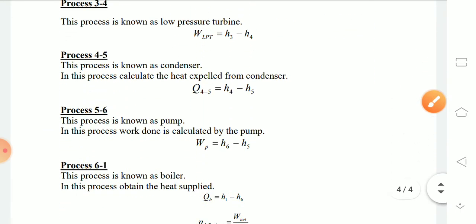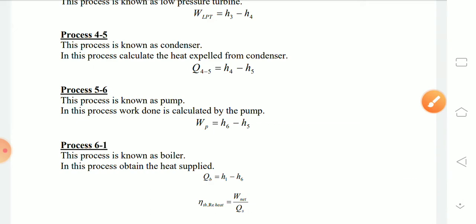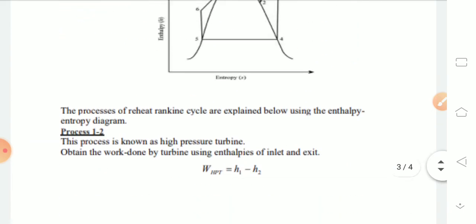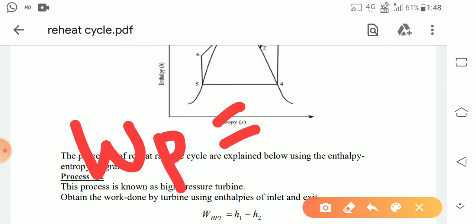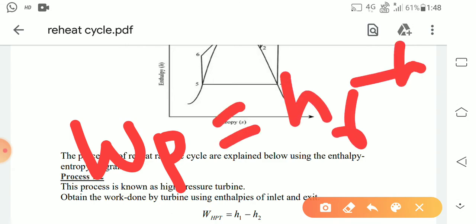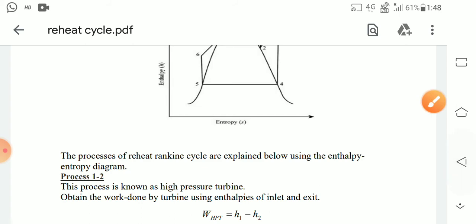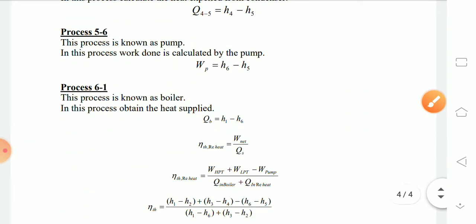Now process 5 to 6 is known as the pump process. In this process the work done is calculated by the pump. You can write H6 minus H5. Now process 6 to 1. That process is known as the boiler. In this process we obtain the heat supplied inside the boiler.